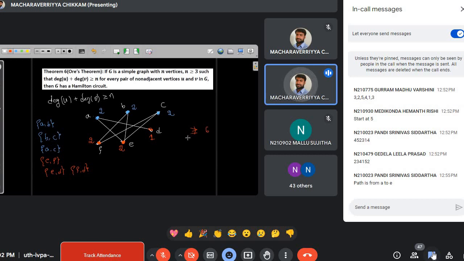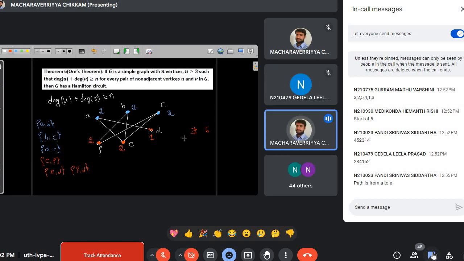So this graph is not satisfying the hypothesis of the theorem. Now we cannot say that G does not have a Hamilton circuit based on that. What this theorem says is if a graph satisfies that condition, then you can say it has a Hamilton circuit, but not the other way. If it is not satisfying the condition, it doesn't mean it does not have a Hamilton circuit.